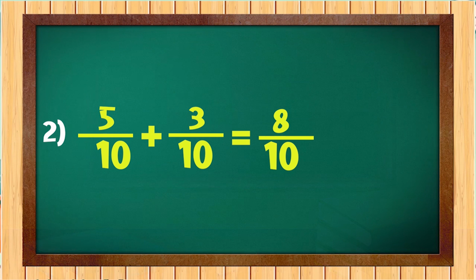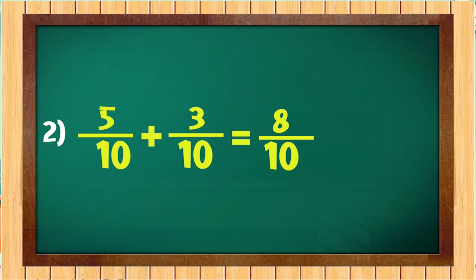Boys and girls, can we put 8 tenths on our answer line? Examine that fraction carefully. No, 8 tenths can be expressed in a simpler form. Let's look at those two numbers and find a number that can divide both of them without leaving a remainder.